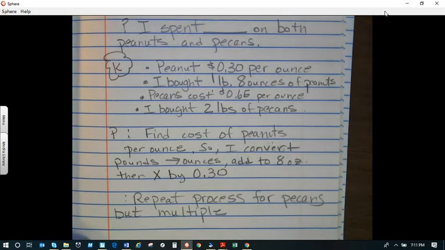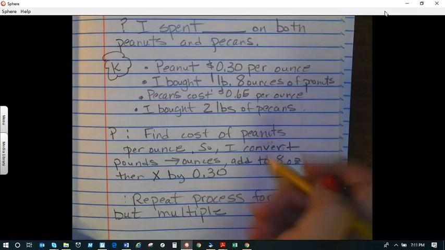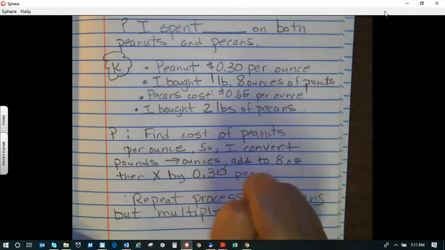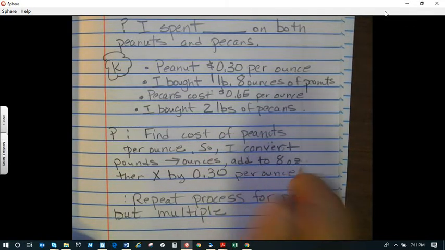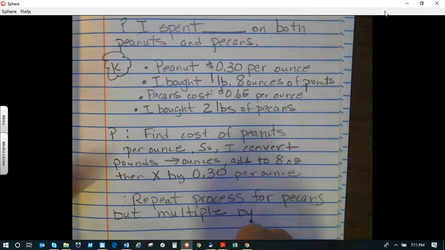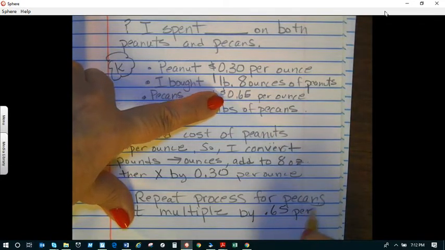Okay, so find the cost of peanuts per ounce. So I convert pounds to ounces, add the 8 ounces, then I multiply by 30 cents. Here I'm going to repeat the process for pecans, but I multiply by 65 cents per ounce.